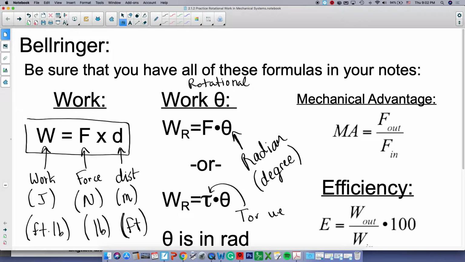So this is really the equation that we're using. Work equals torque times theta, where theta is in radians.